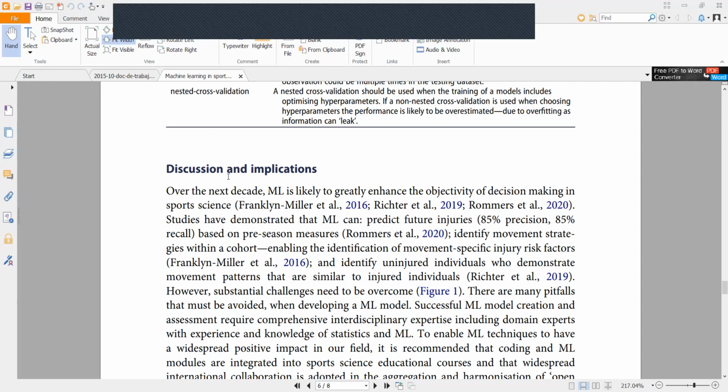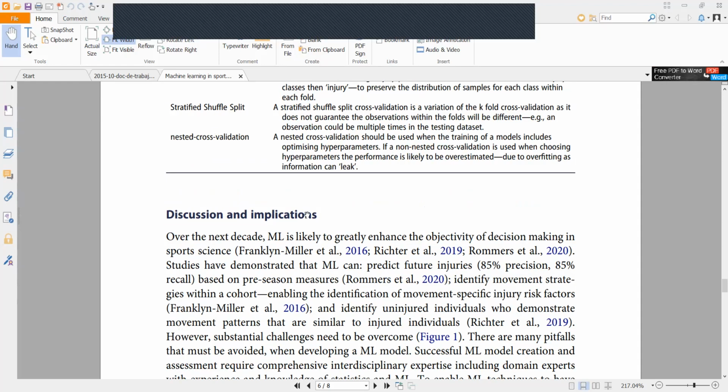And regarding the discussion and implications, as a final conclusion, we can say that over the next decade, machine learning is likely to greatly enhance the quality of decision making in sports science.